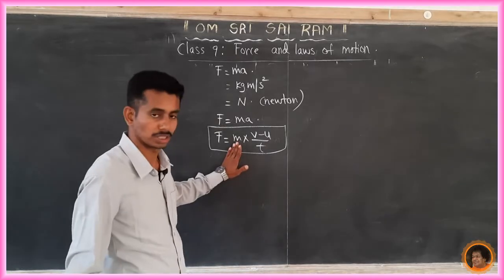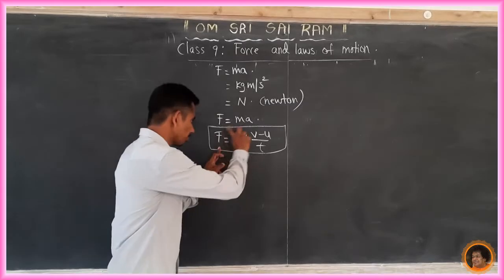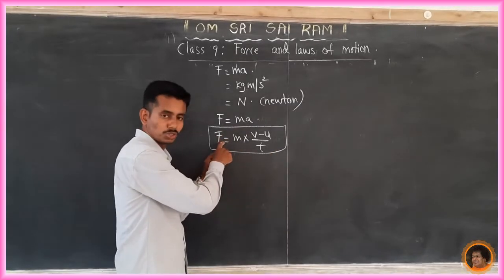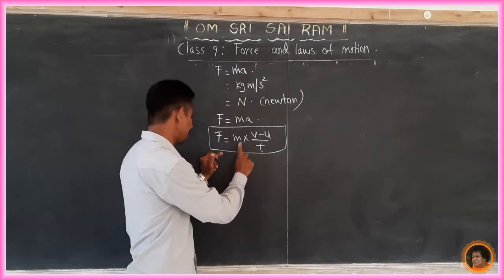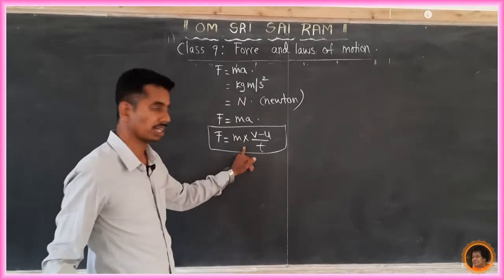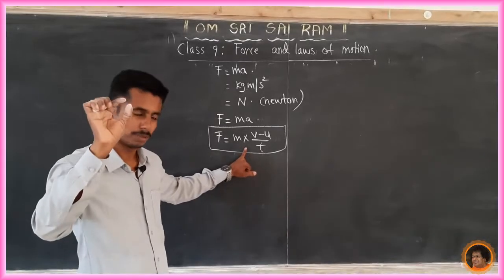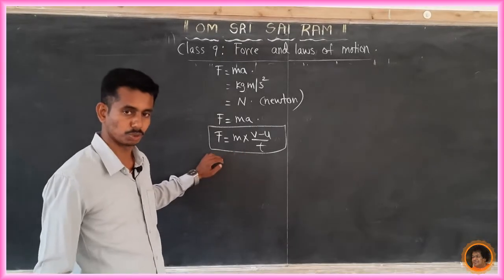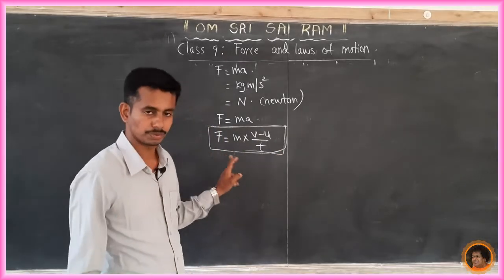This is also very important. F equal to ma, or we can use this formula to find the force applied to any object. This formula is helpful to solve many problems. It is given in your textbook. So, use this formula to find the force.